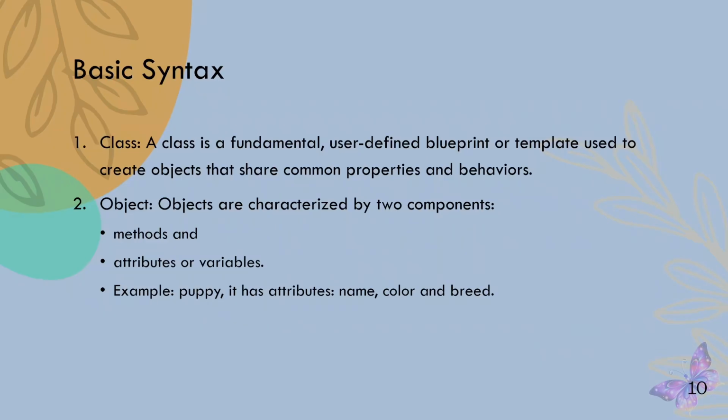We also need to know basic syntax. For basic syntax, we will learn 4 things: class, object, instance variables, and methods. We'll start with the class. A class is a fundamental user-defined blueprint or template used to create objects that share common properties and behaviors.